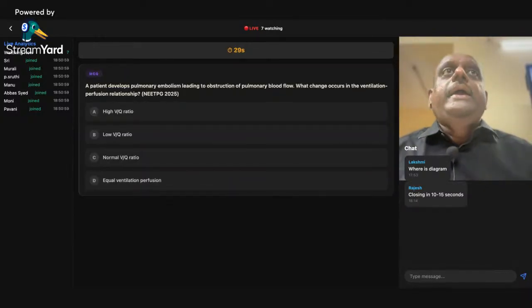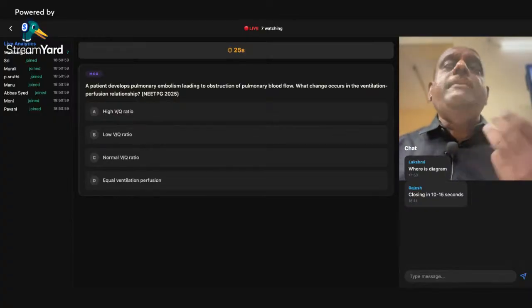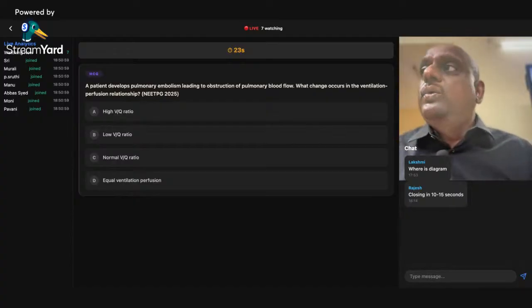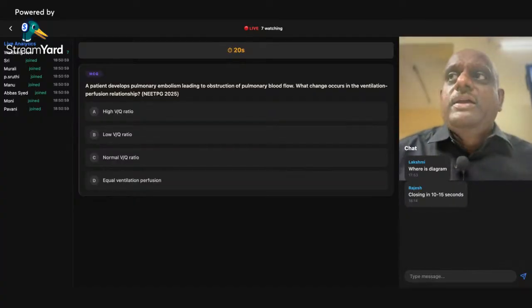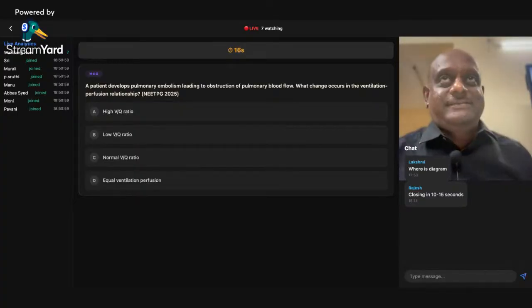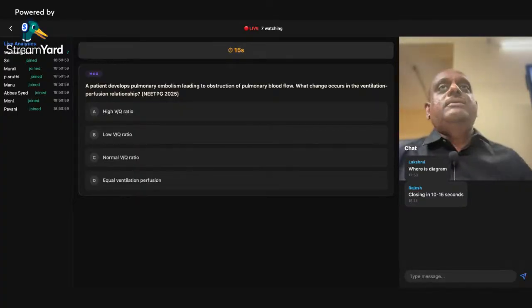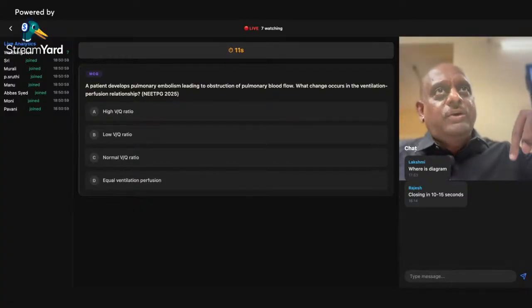Now, a patient develops pulmonary embolism, leading to the obstruction of the pulmonary blood flow. Now, what change occurs whenever pulmonary embolism is there for the ventilation perfusion relation? Very easy question. In the ventilation perfusion ratio, what is in the numerator? Ventilation. What is in the denominator? Perfusion.